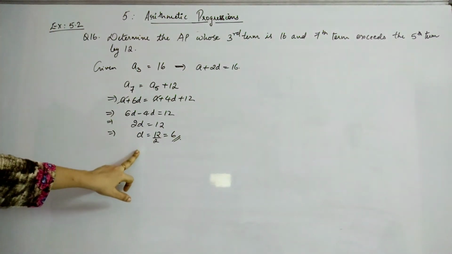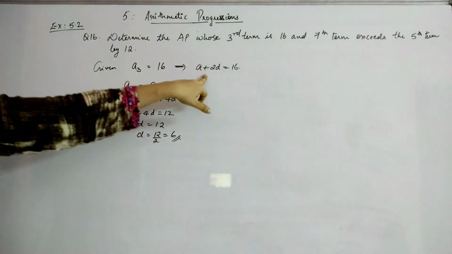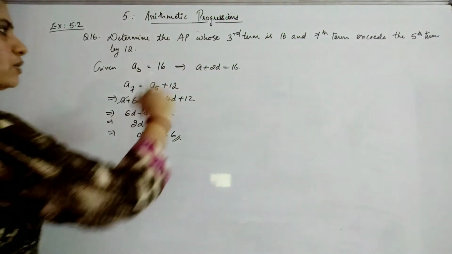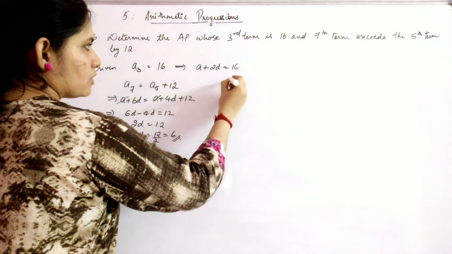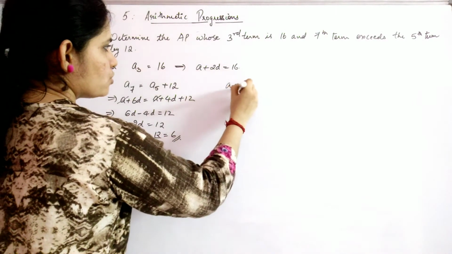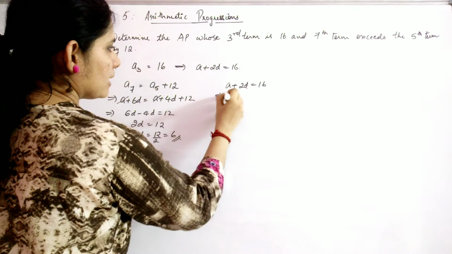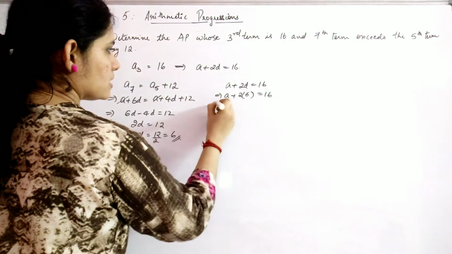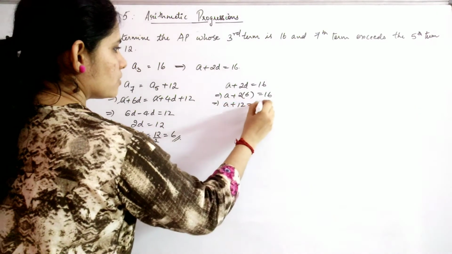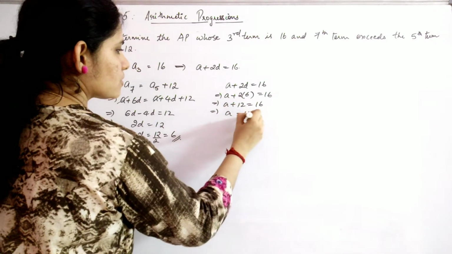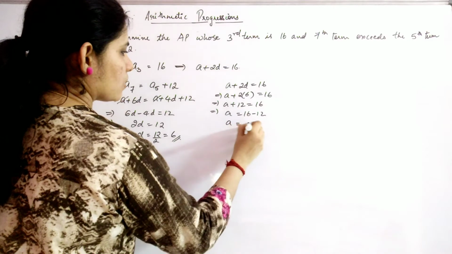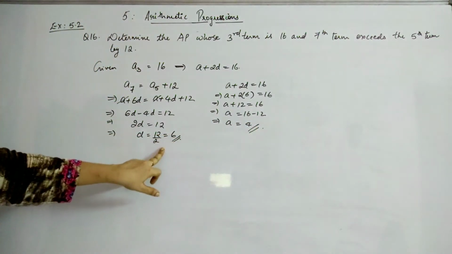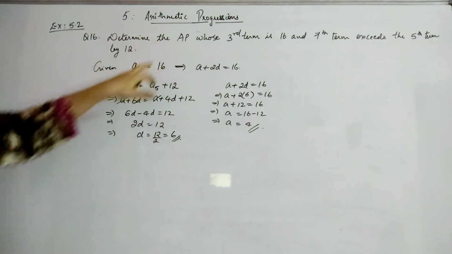Now you need to find A. For that you can use the equation we already got, A plus 2D, and substitute the value of D. So A plus 2D equal to 16 implies A plus 2 into 6 equal to 16, which is A plus 12 equal to 16, or A equal to 16 minus 12, that is A equal to 4. So now you have your first term A and the common difference, which means we are ready to write the AP.